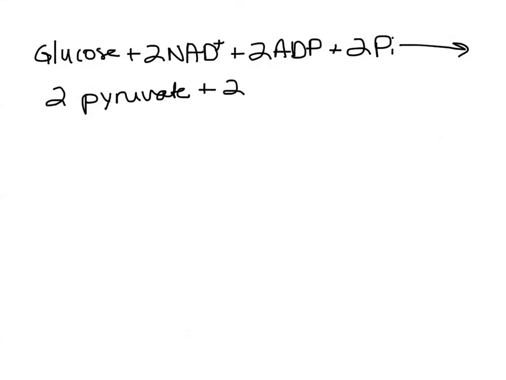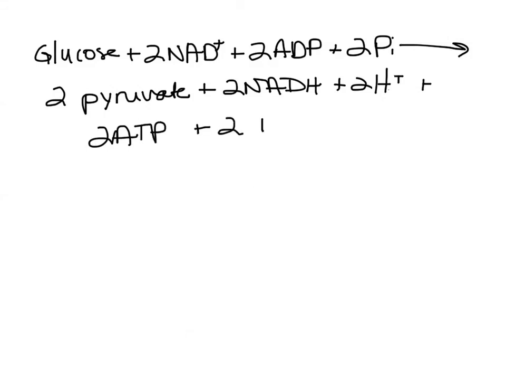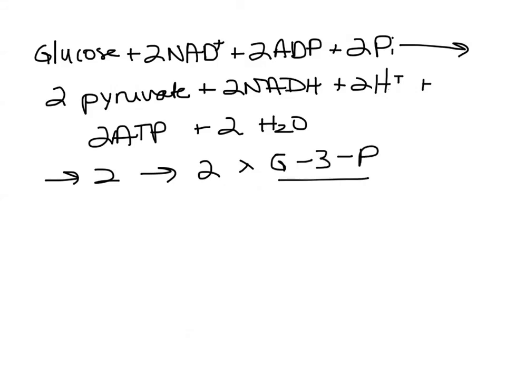We made 2 NADH molecules, 2 protons, two ATPs, and 2 waters. The reason we get 2 out is because in the second stage we have 2 molecules of glyceraldehyde 3-phosphate, that G3P.